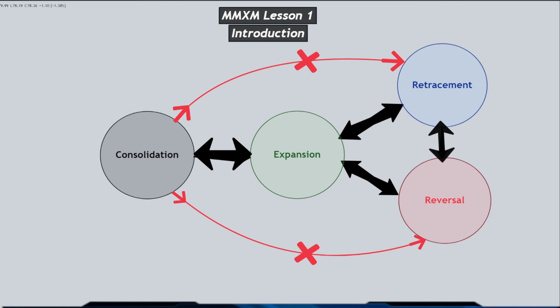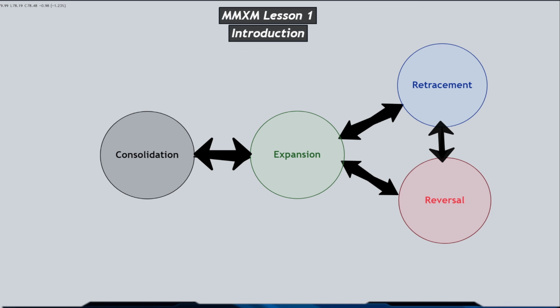From the consolidation, the market will never give you a reversal, as it has nothing to reverse from. Whatever big move you see out of the consolidation area, you can mark that move as your expansion. Now from the expansion, you should look at whether it is retracing or giving you a reversal. I hope that part is clear.